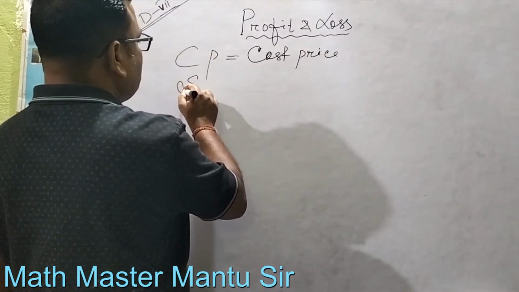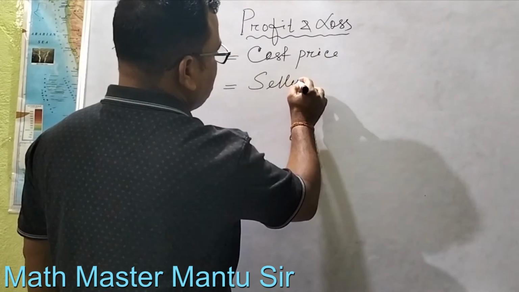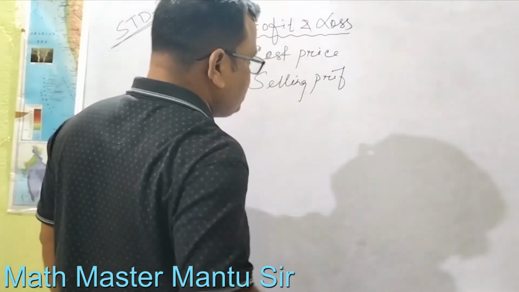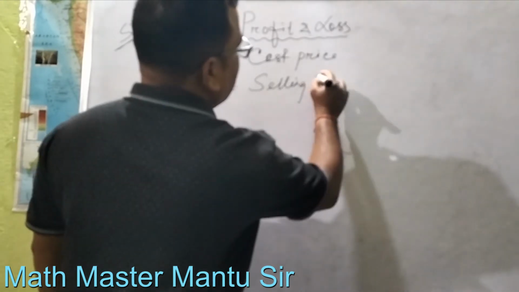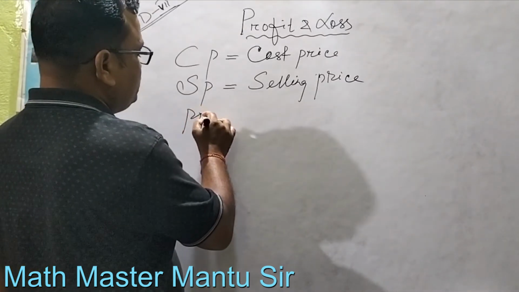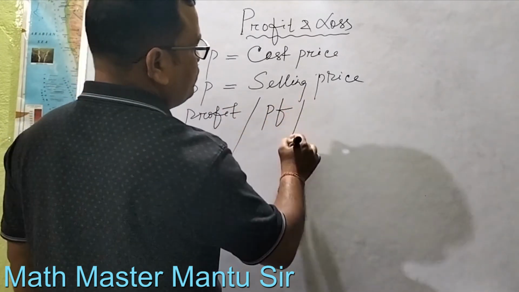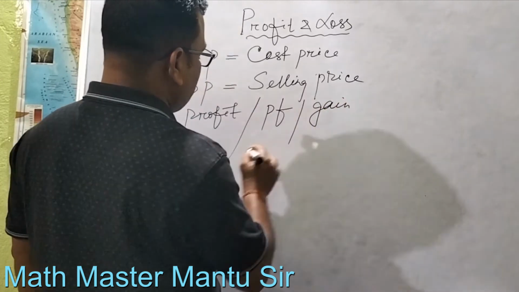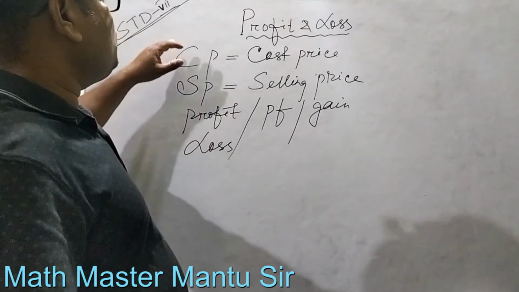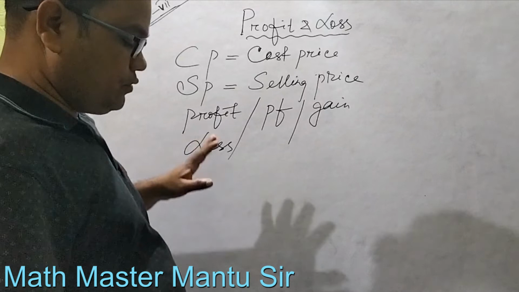SP is selling price. And profit, or you can write PF, or gain, and loss. These are the things you have to remember: CP cost price, SP selling price, profit PF or gain, or loss.